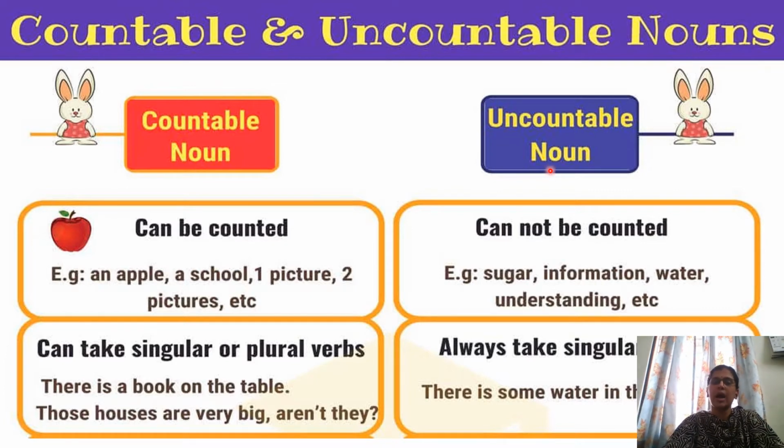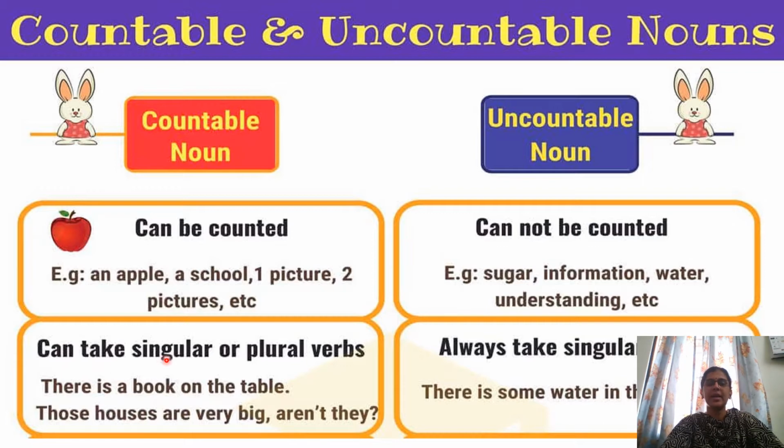So what do you mean by uncountable noun? Something which cannot be counted. For example, sugar, information, water, understanding, etc. So you cannot count the sugar. If I give you sugar, you cannot count it. Same way, information, water, everything. So this is the meaning for the term uncountable noun.